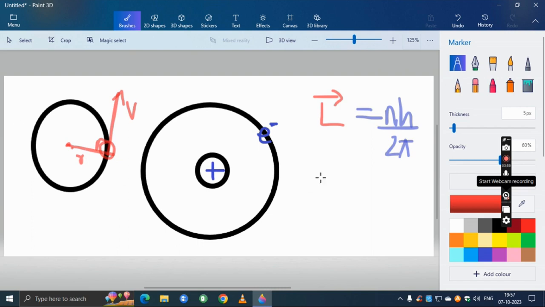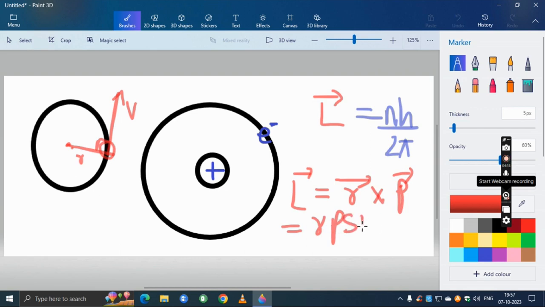The angular momentum of this object is given by the general formula r cross p, or rp sine theta.